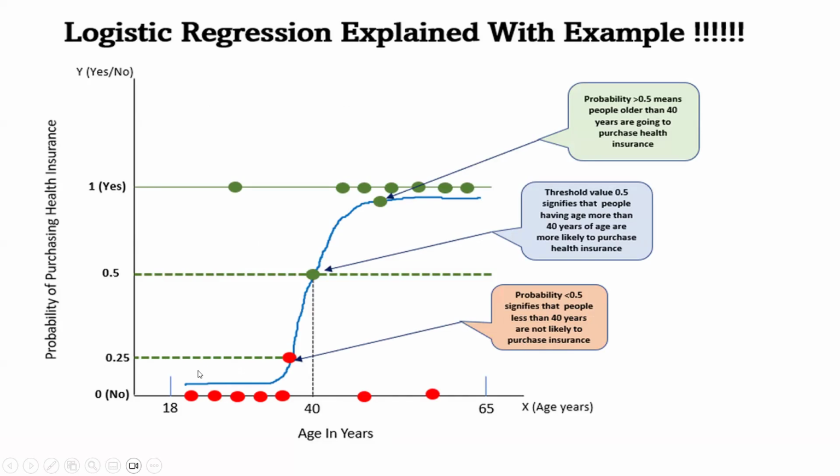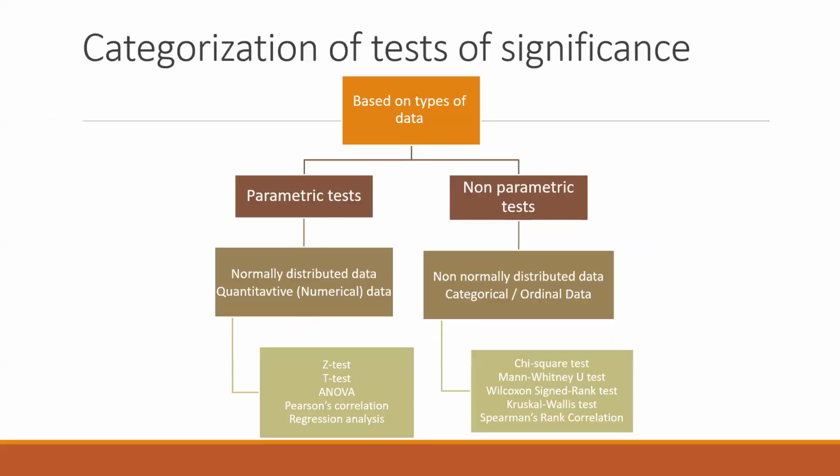So this is the no answer, and a probability greater than 0.5 is the yes answer, meaning people older than 40 years are going to purchase health insurance. What I want to emphasize is that the shape of the logistic regression is a slightly wonky form of S. This is the usual form of logistic regression, where the answer of the dependent variable is yes or no.